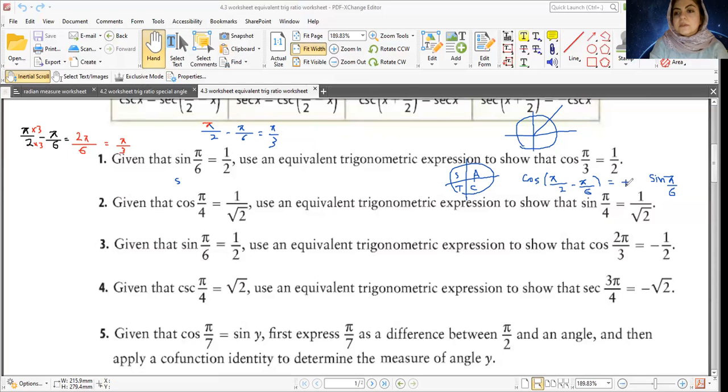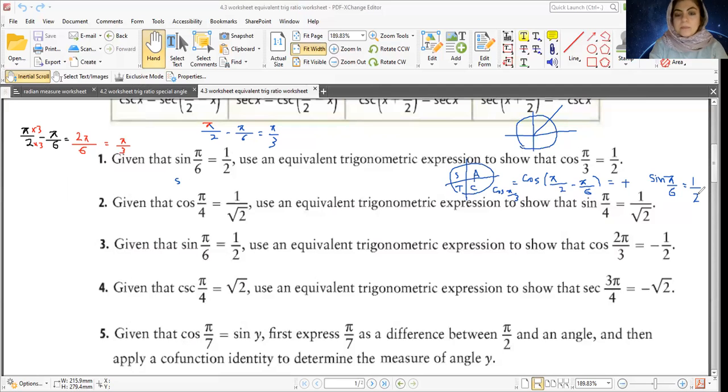You got it? And since the sine of pi over 6 is 1 over 2, instead of the sine of pi over 6, I put 1 over 2. So then I proved that the cosine of pi over 3 is equivalent to 1 over 2.